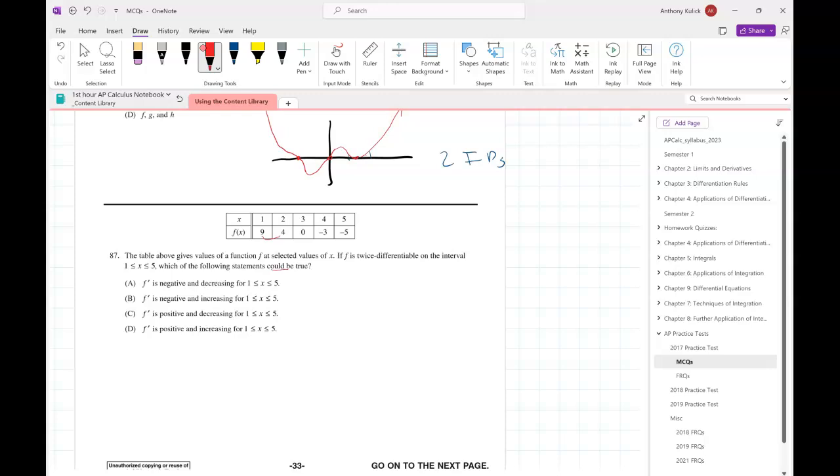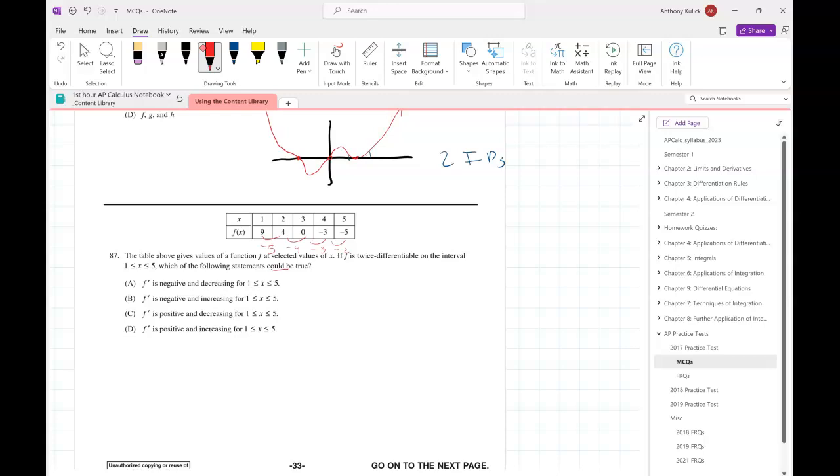Could is the operative word here. We're not guaranteed anything. But what I'm going to do is look at the slope. So here the slope's -5, and then -4, and then -3, and then -2.